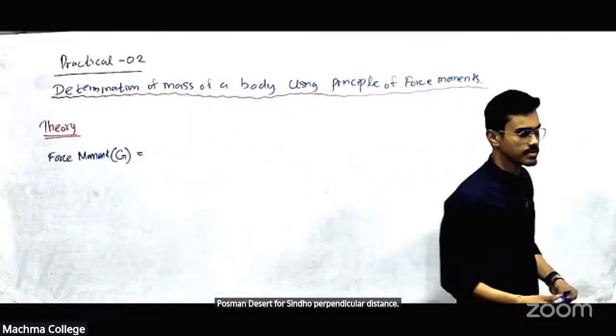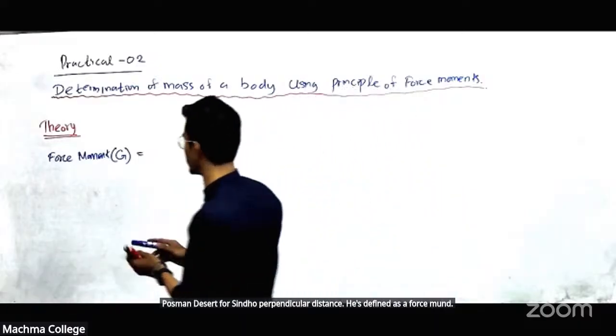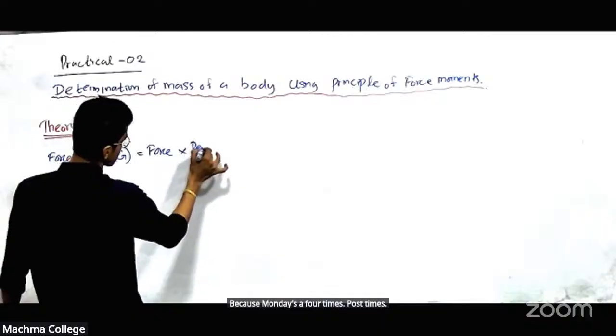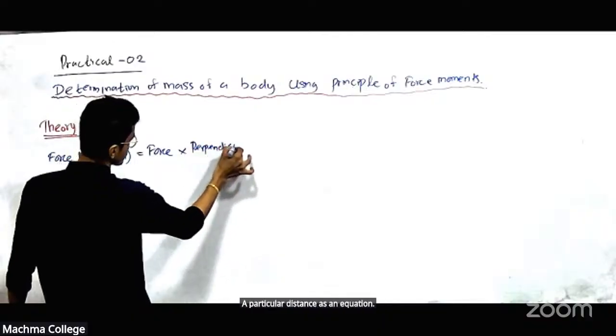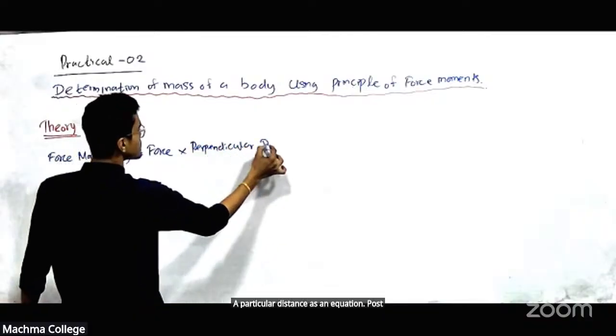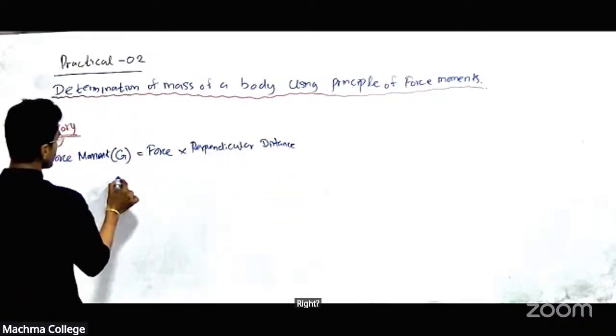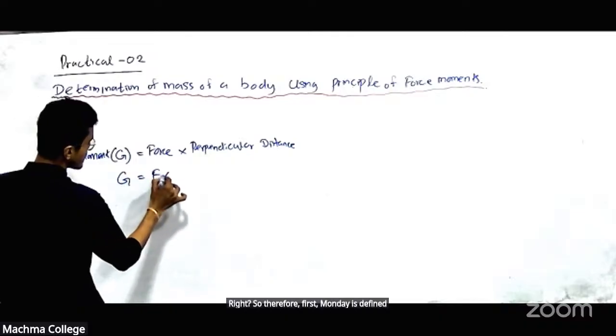Force moment is a force times perpendicular distance. So therefore, force moment is defined as F times D.